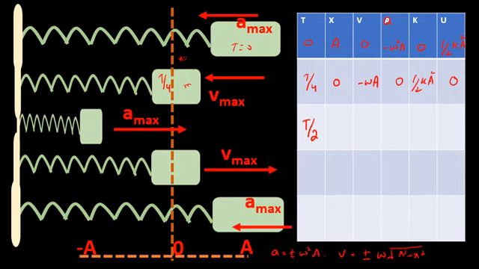So here its position is minus a, but acceleration will be towards the equilibrium position, and at maximum position, either the positive amplitude or the negative amplitude minus a, the velocity will always be equal to 0.